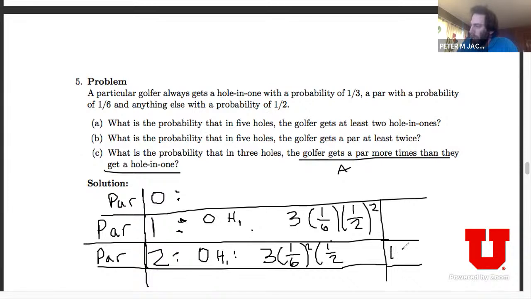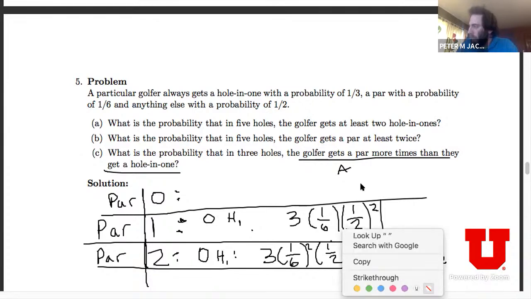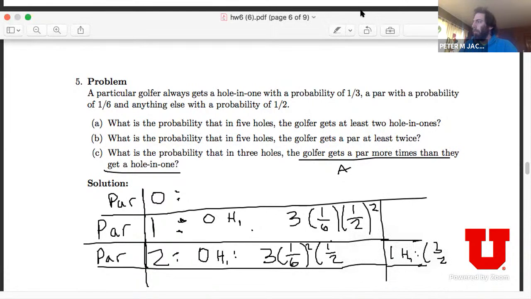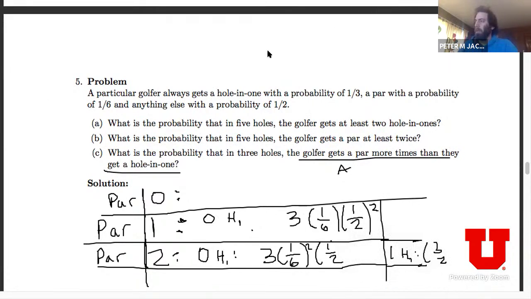So in the 1 hole in one category, now we have two pars and 1 hole in one. Same idea here. You have to select the two holes where they're going to get par. So that's 3 choose 2. And then for each one of those possibilities, sorry, my drawing messed up.